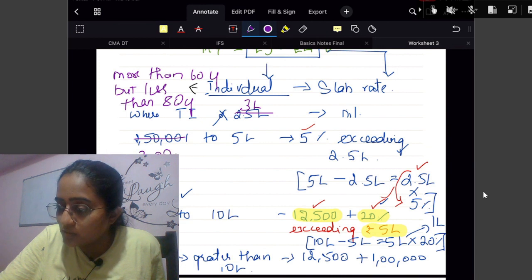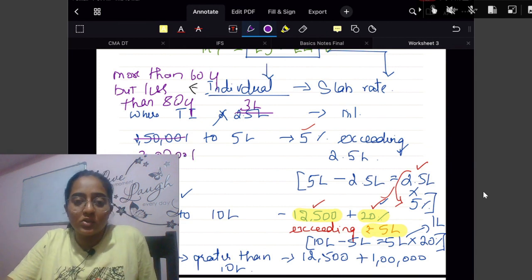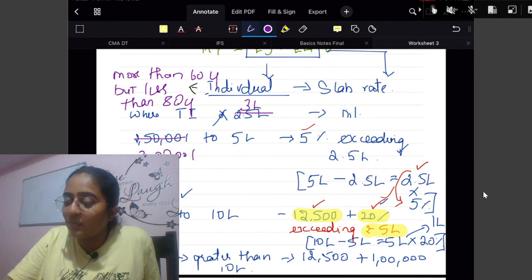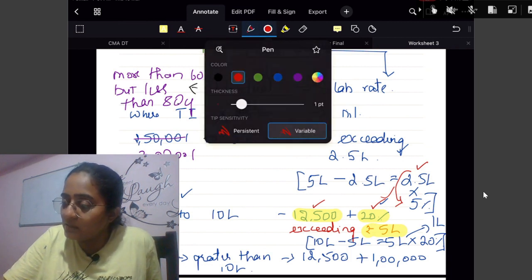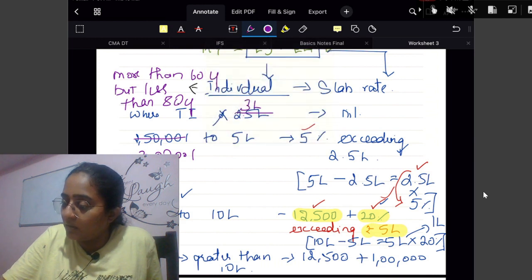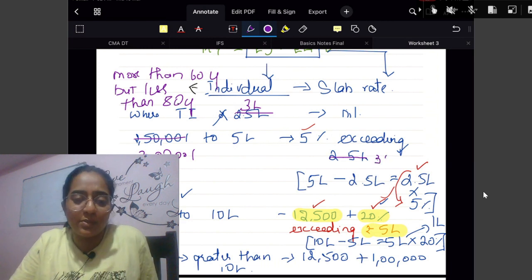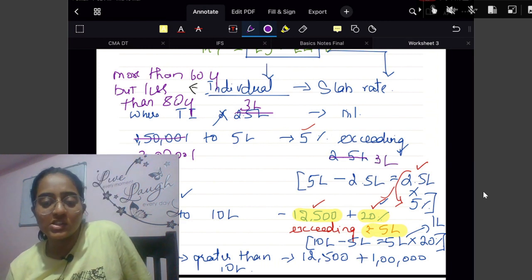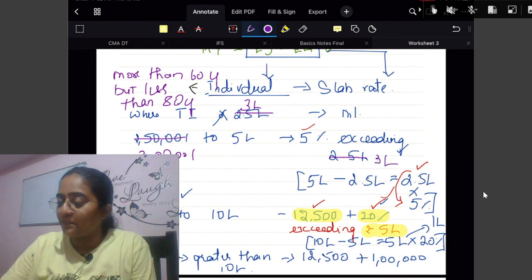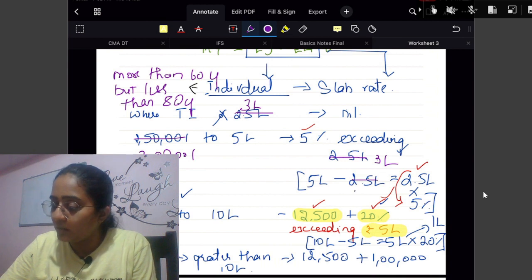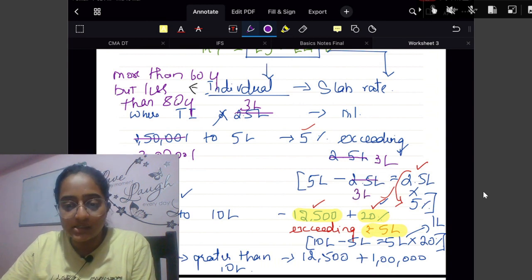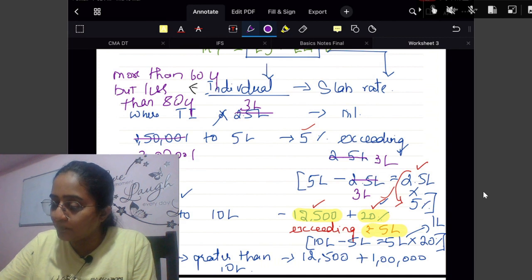Now, please observe the changes. From 3 lakh 1 rupee to 5 lakh rupees, it is going to be 5%. It will not be exceeding 2.5 lakh, it is exceeding 3 lakh. Very simple, but wherever the 2.5 is there, you're just going to replace that by 3. 5 lakh minus 3 lakh, now the calculation changes.